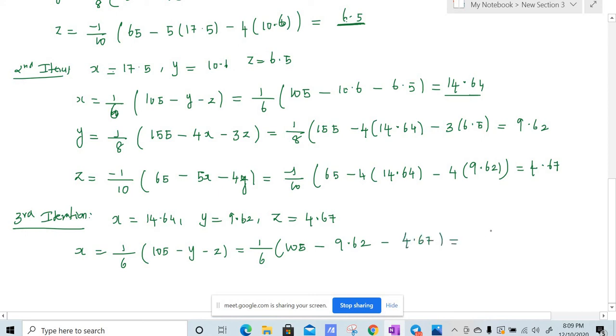Again you can make use of a calculator to find this value, and this will be 15.12.